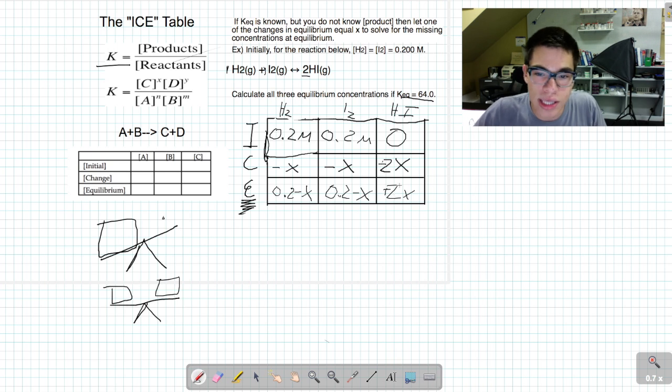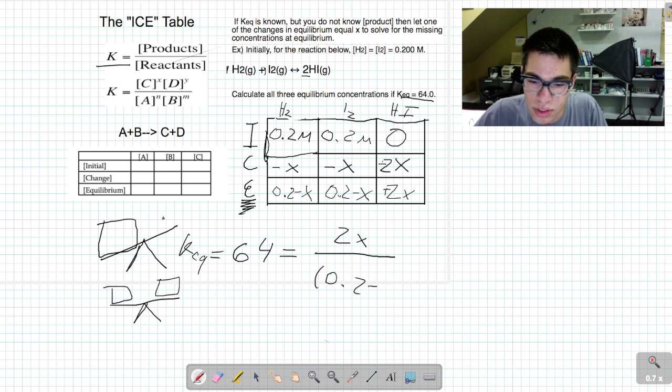So we can substitute the values we obtained using the ICE box into our equilibrium expression. K_eq equals 64, and to get 64 we divide the concentration of products, 2x, over the concentration of reactants, 0.2 minus x for both of them, so squared.